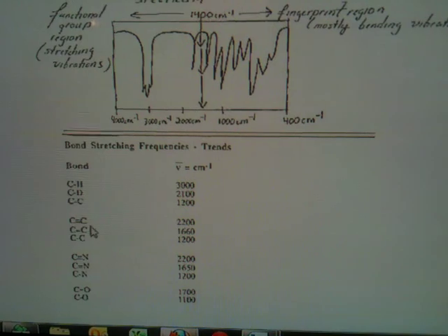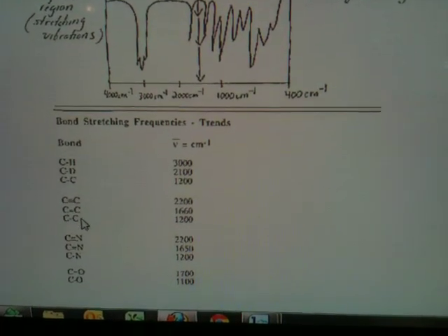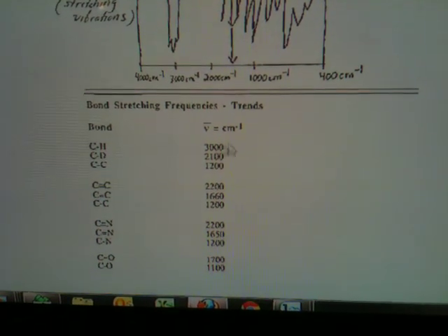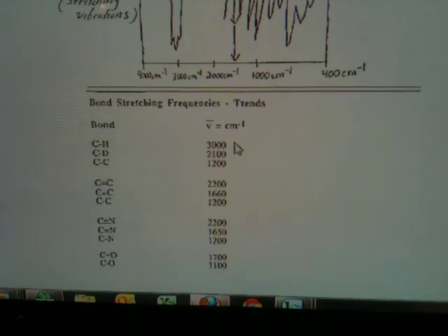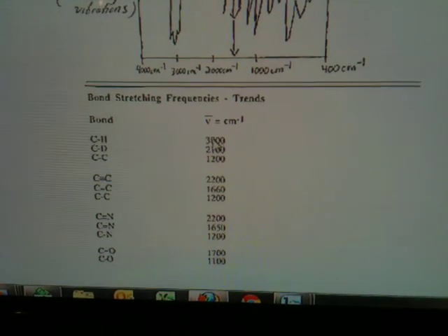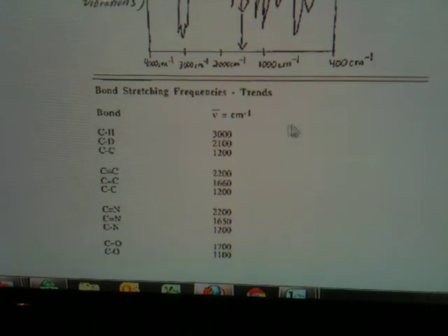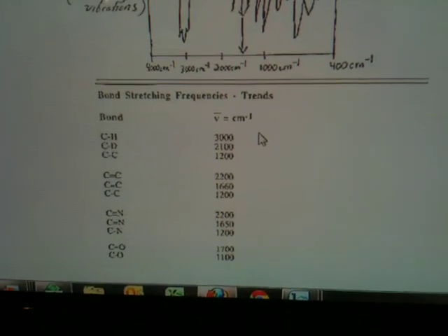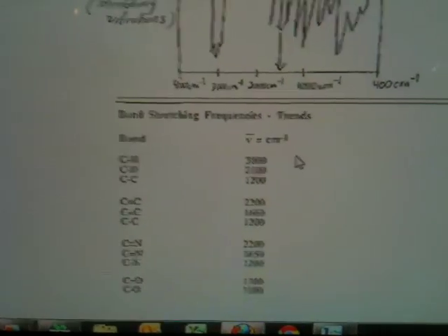This is showing triple bonds versus double bonds versus single bonds. So again, this is the mass effect. Smaller atom, higher frequency of vibration, and higher frequency of vibration, to get that match with the electromagnetic radiation, means it's going to absorb exactly the same frequency. The amplitude of the bond will increase, and that's the only change that occurs in the molecule.